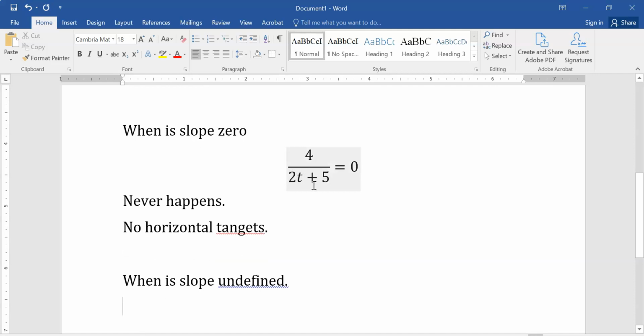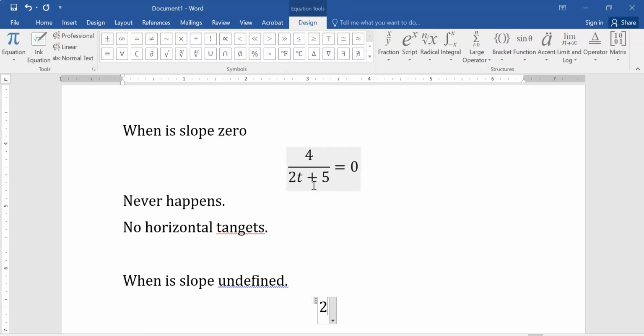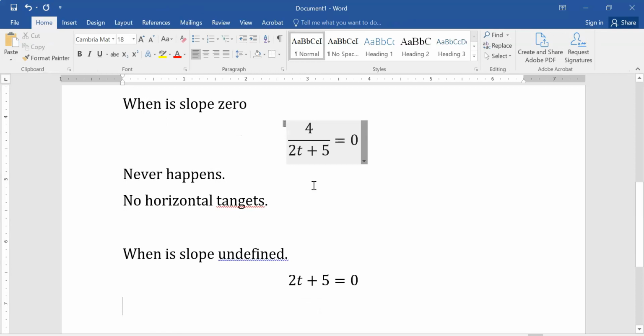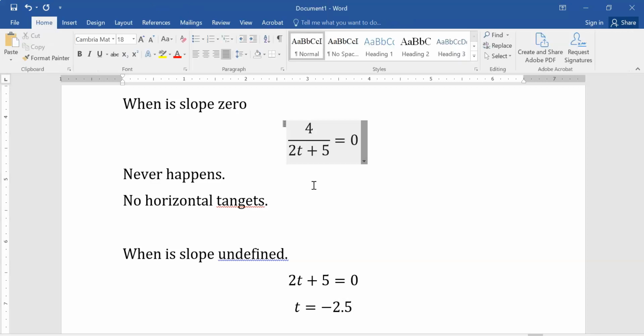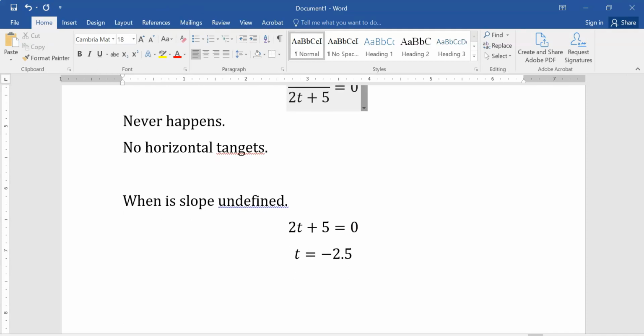In other words, it's undefined when the denominator, 2t plus 5, is equal to 0. And this does happen. This happens when t is equal to, you can write this as negative 5 halves or negative 2.5 or whatever. But the slope is undefined when t is negative 2.5.